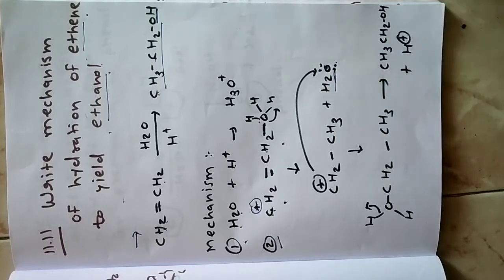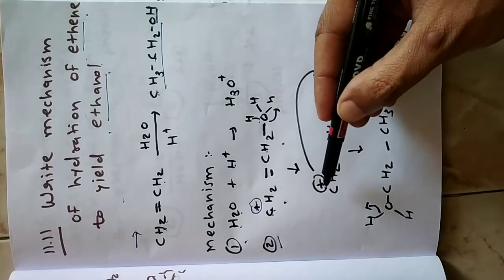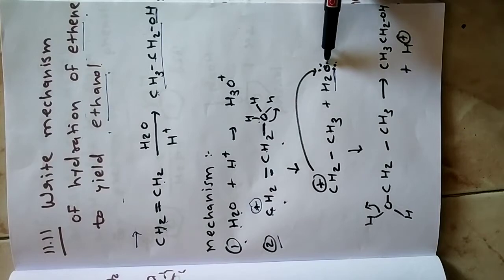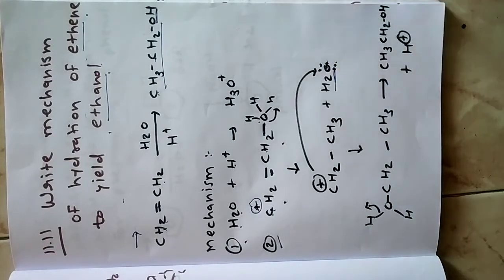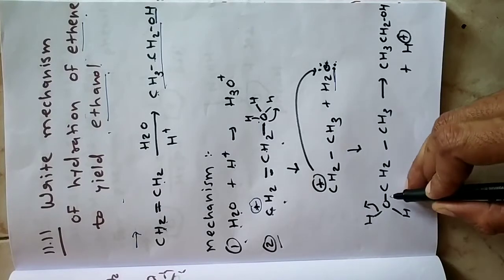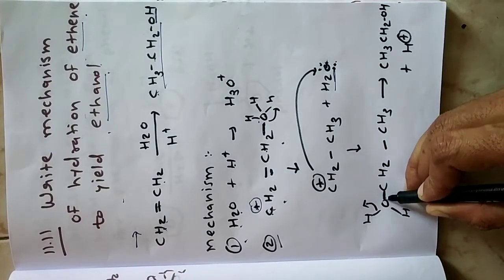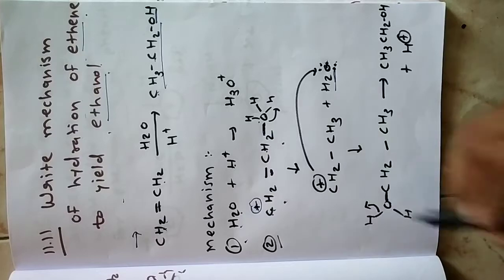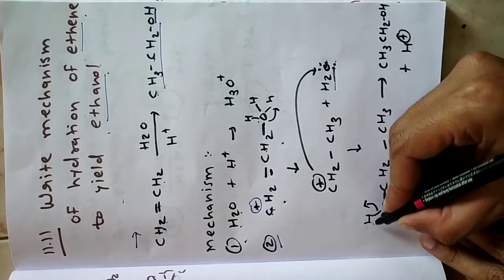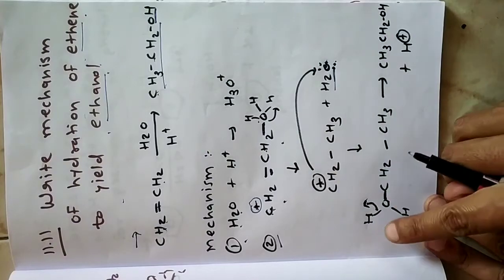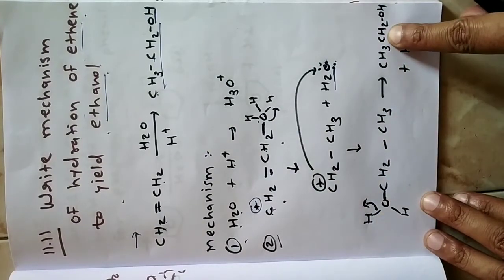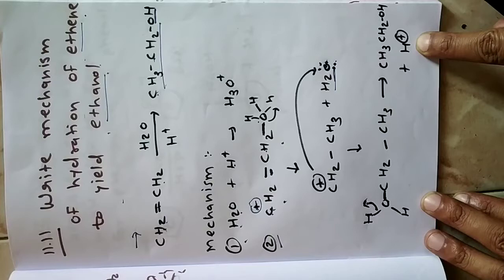So this positive ion is attracted towards these non-bonding electrons. So this bond formation takes place here, you can see C-O. Now in the last step, hydrogen leaves here to form alcohol and H plus.